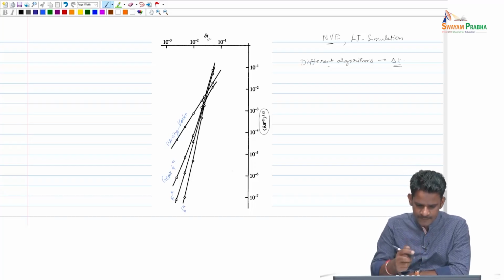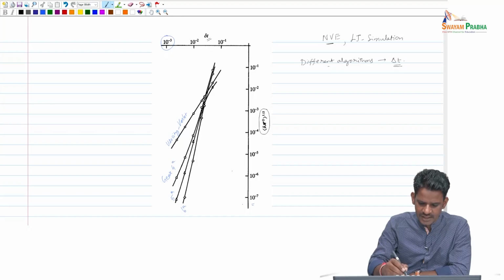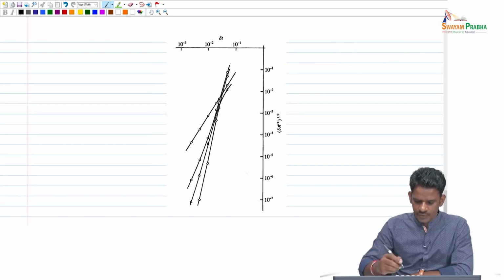So, you can see that when the delta t is very small, the higher order Gear algorithms seem to do better because they have the least values of the energy error in the simulations.